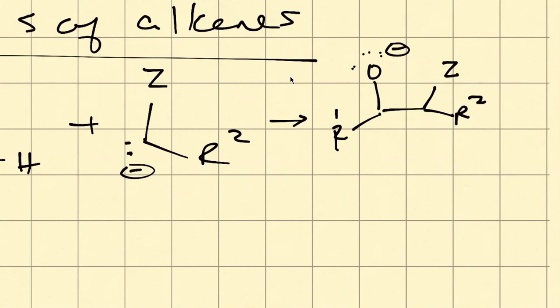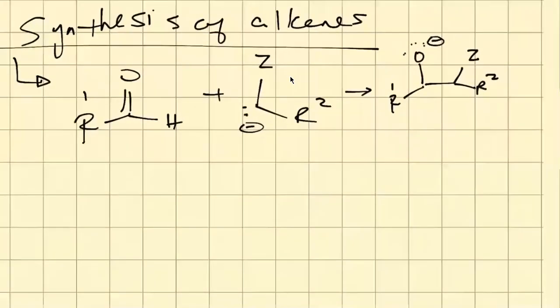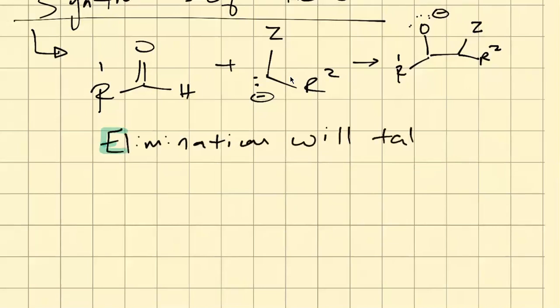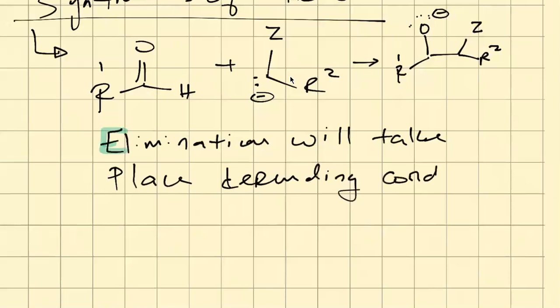So let's think about the first elimination pathway. The conditions are going to determine how the elimination takes place.